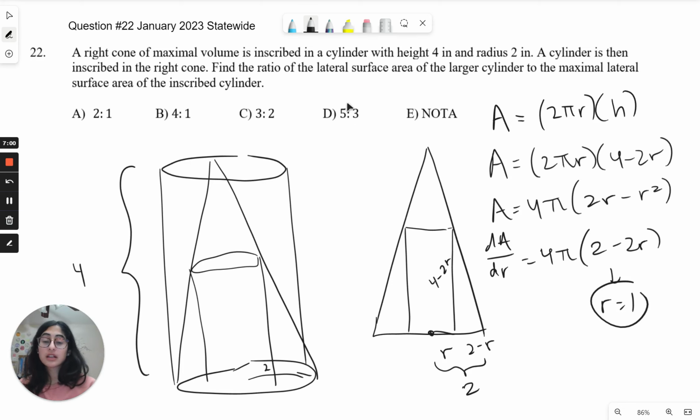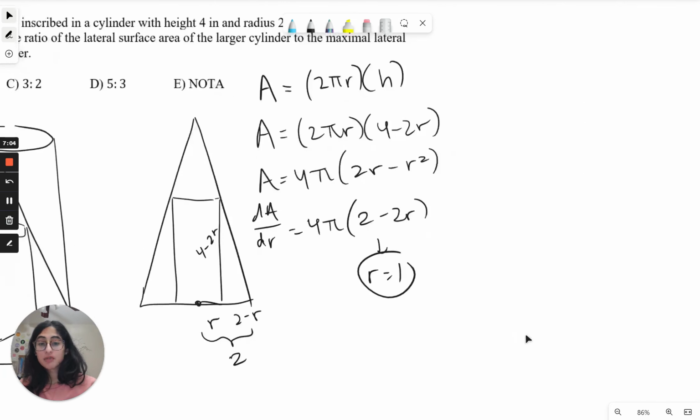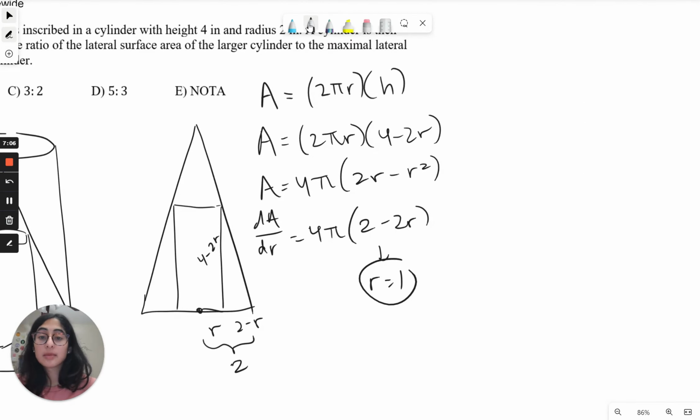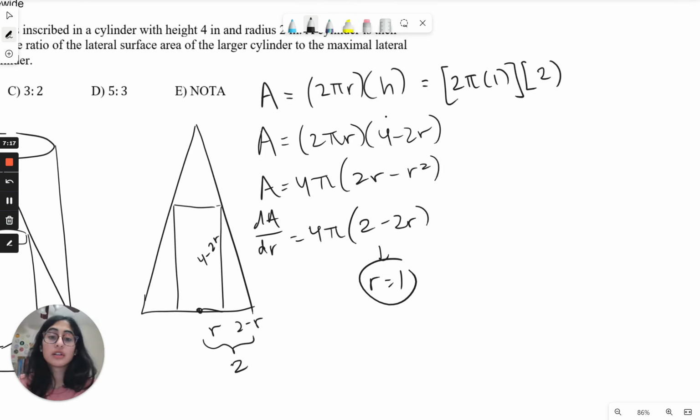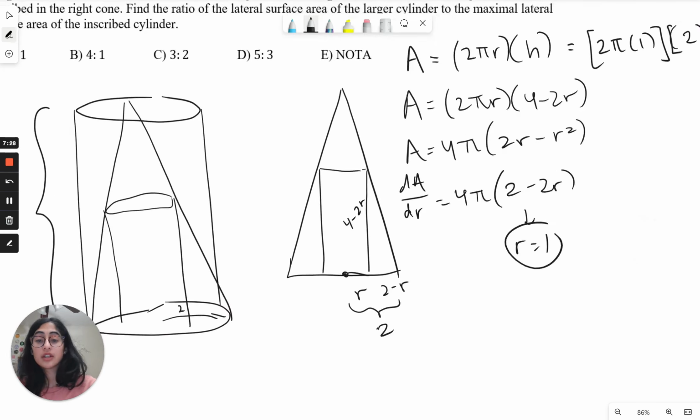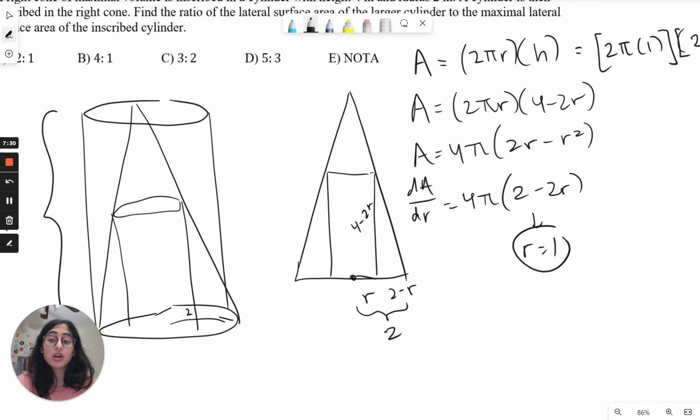So what is that lateral surface area? Let's just plug it in. Remember, our height is 2 times our radius, so the lateral surface area is 2 pi times our radius, which is 1, times the height, which is 2 times the radius, so that's 2. It's equal to 4 pi as the lateral surface area of the small cylinder. As for the big cylinder, the lateral surface area is the same thing, 2 pi r times the height.